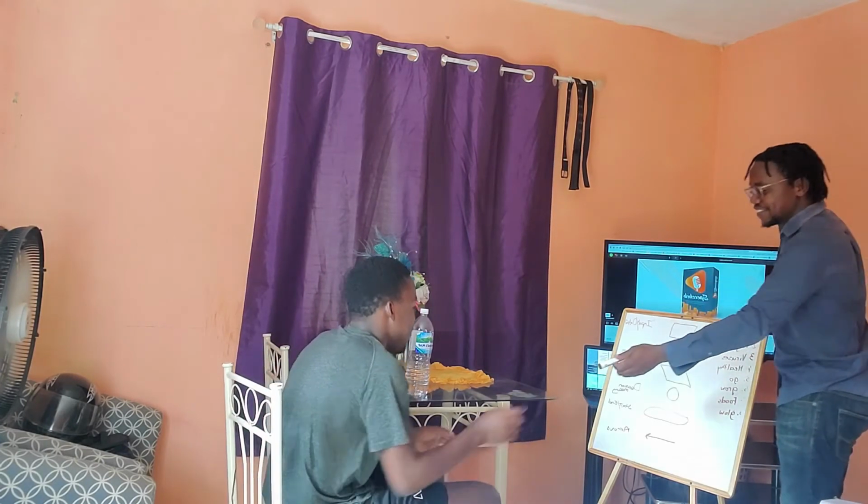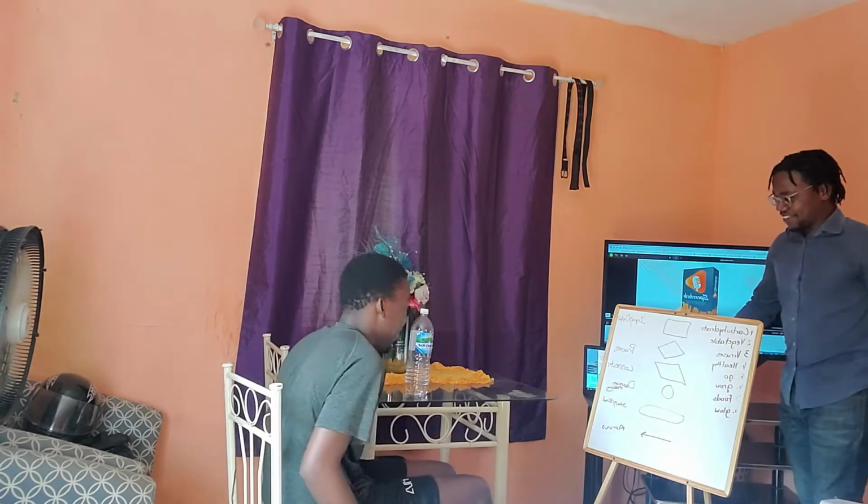Here on the board we have the symbols, and I want you to match the correct symbol to its purpose on the right. Think you can manage that? Show them that you're a quick learner.